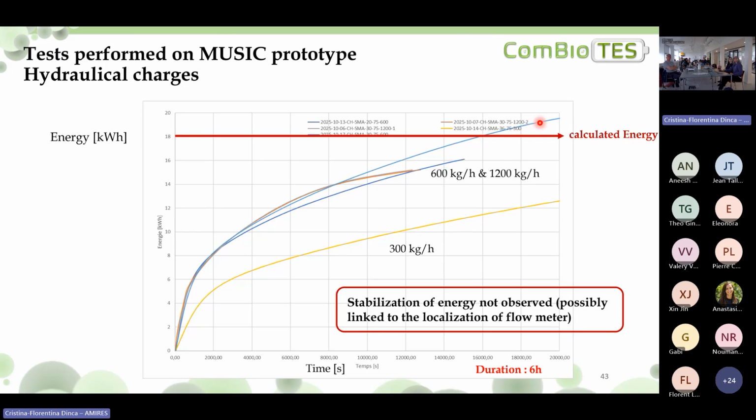For one test, we went over this energy, which means that we have heat losses. In any case, we never observed stabilization of energy, so we have to do more tests to understand what is going on. We think that maybe the localization of the flow meter is not correct, so we have to work on that.